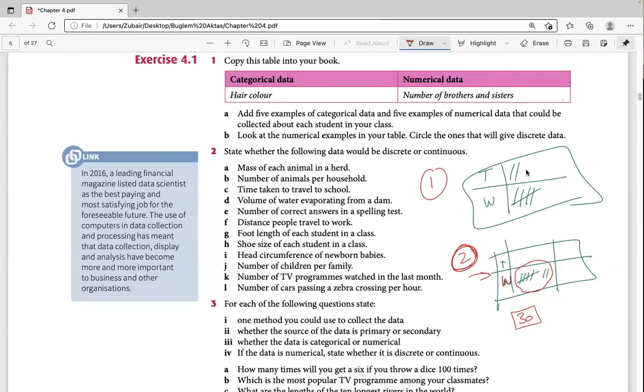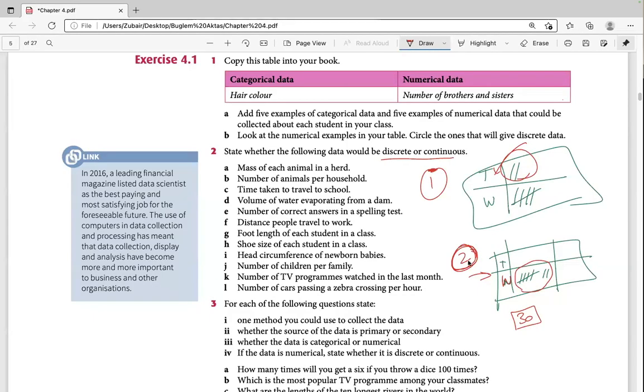When I talk about my father, he is very happy when his dressing, shirts and trousers, are a bit loose. He's old. He feels comfortable sitting, standing, moving around, and so on. And maybe I live in that area where most people prefer traditional and so on. So state whether the following data would be discrete or continuous.